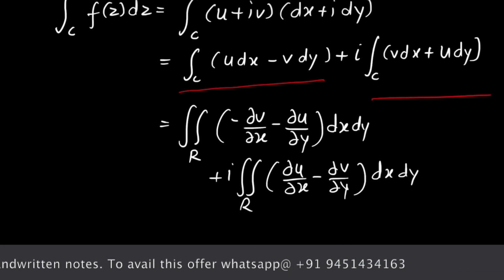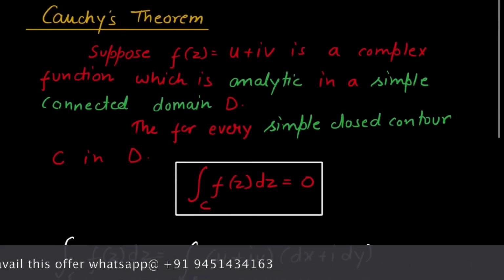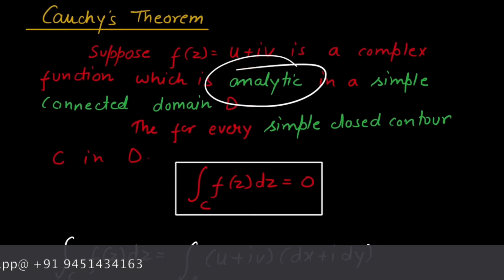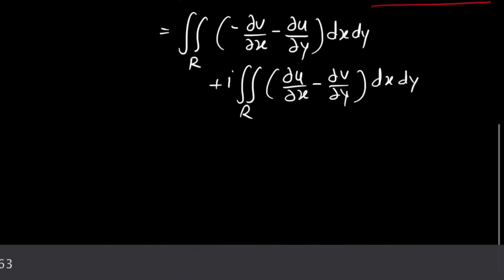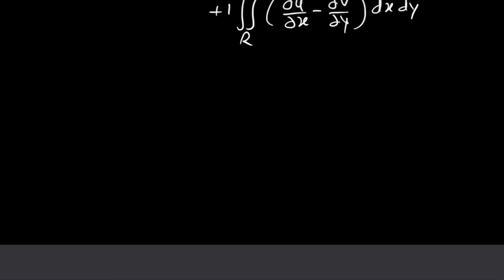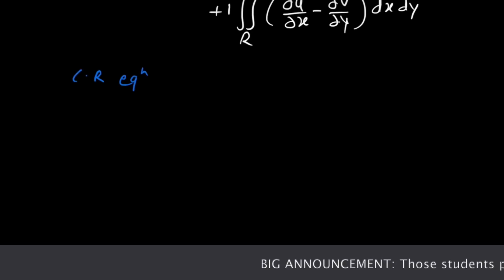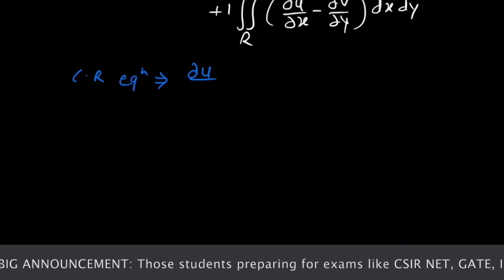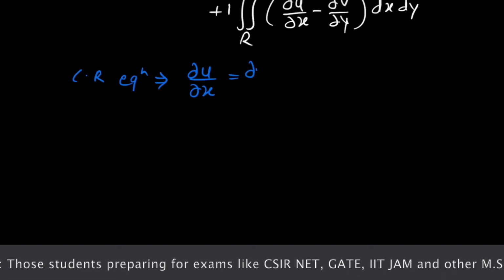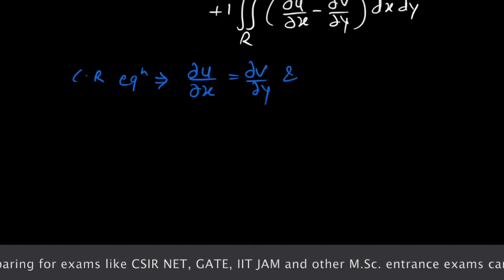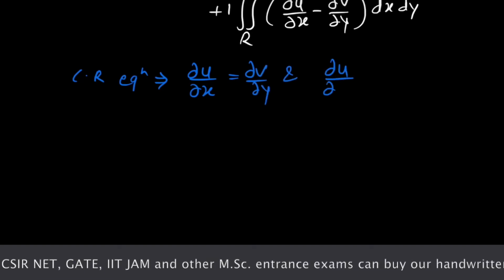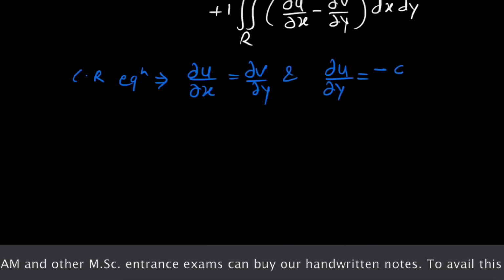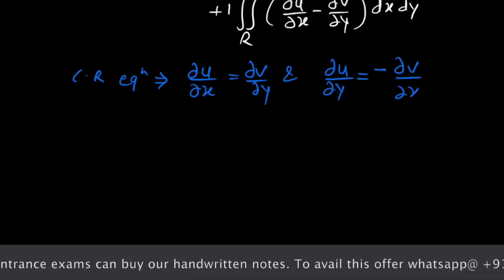Since it is given that the function is analytic, it will satisfy the Cauchy-Riemann equations. From the Cauchy-Riemann equations, ∂u/∂x = ∂v/∂y and ∂u/∂y = -∂v/∂x.